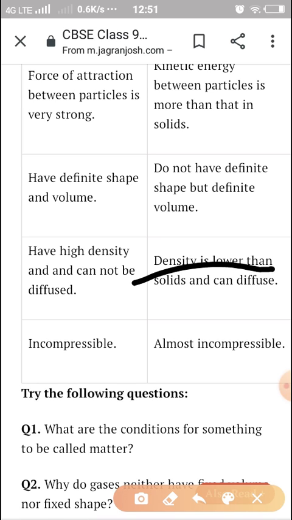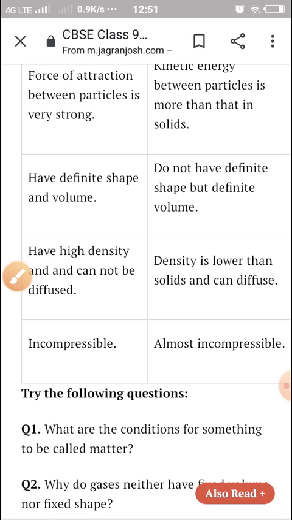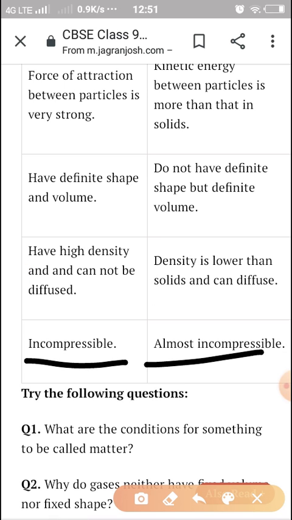Liquid density is lower than solids and liquids can diffuse. You know very well that we mix or diffuse sugar with liquids. These are almost incompressible. We can't compress them to any extent, right?